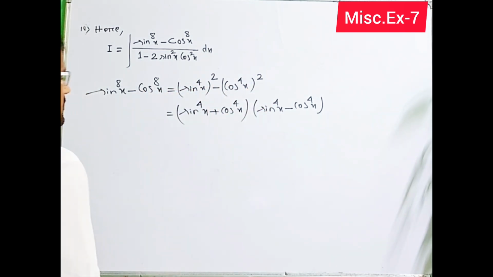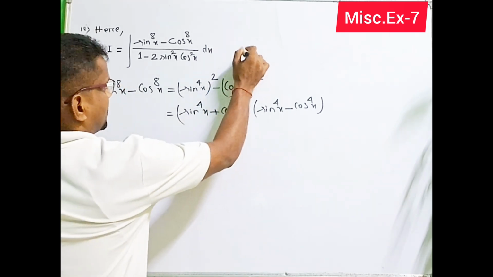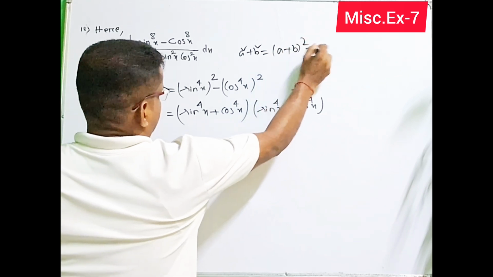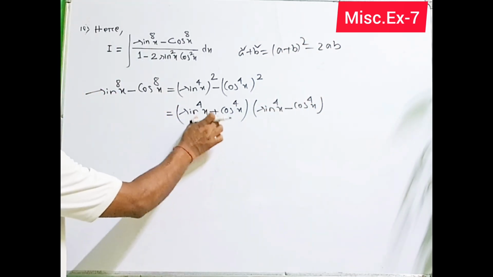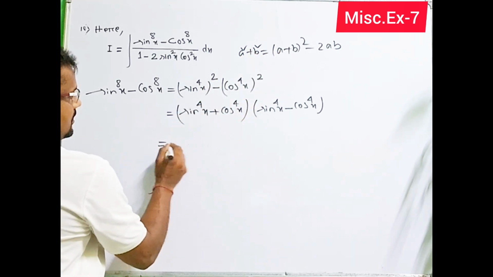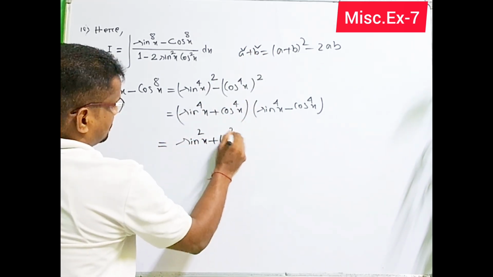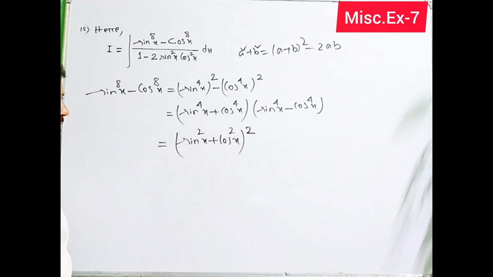Now here you see, there is a formula: a square plus b square equals a plus b whole square minus twice ab. So now we are going to put it in this form. That is nothing but sin square x plus cos square x whole square, for this I have written this.